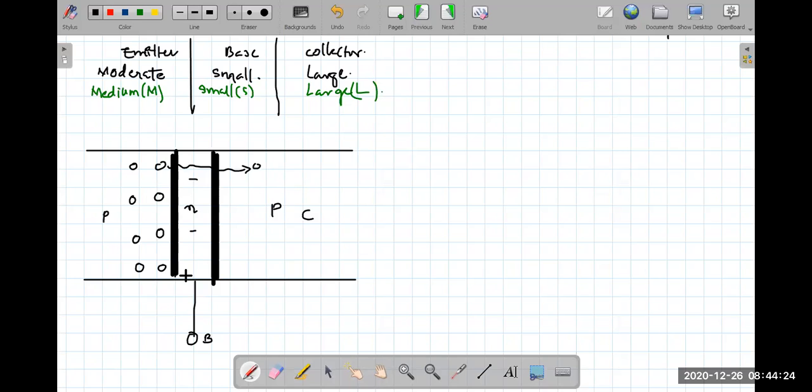They can move towards the base as well, right? So there are very good chances that they can move towards the base also. Understood? So whatever charges are reaching, few of them may go into the collector and few of them may go into the base.